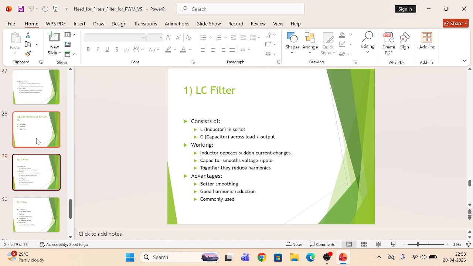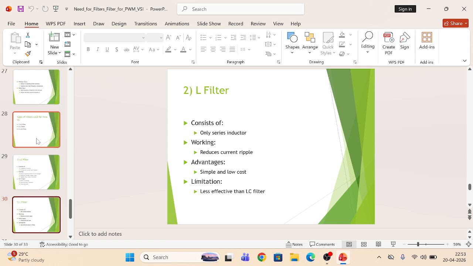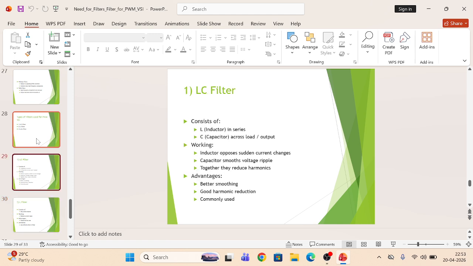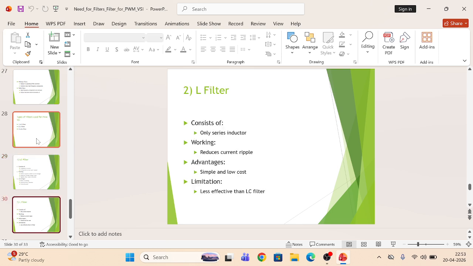It consists of an inductor in series and a capacitor across the load. Working: the inductor opposes sudden current changes, the capacitor smooths voltage ripple. Both work together to reduce the harmonics. Advantages are better smoothing and good harmonic reduction. These LC filters are commonly used filters.